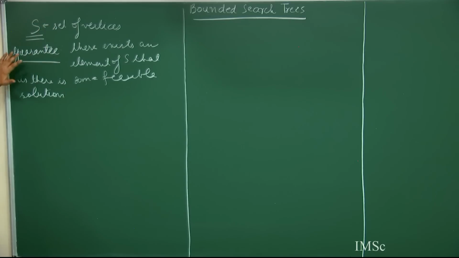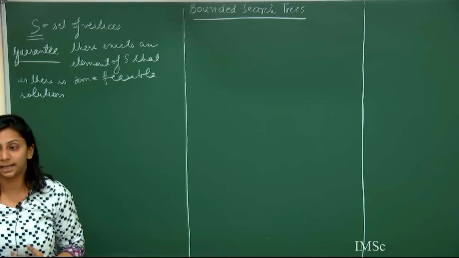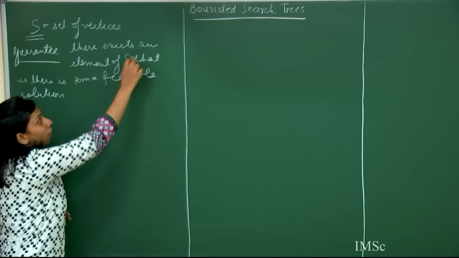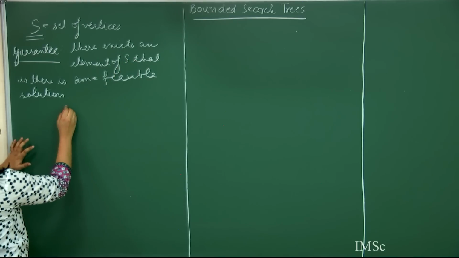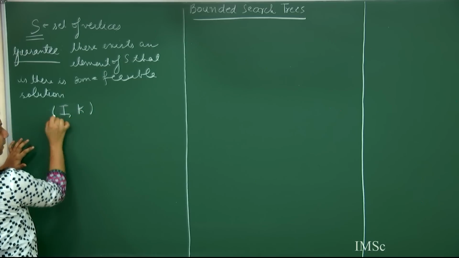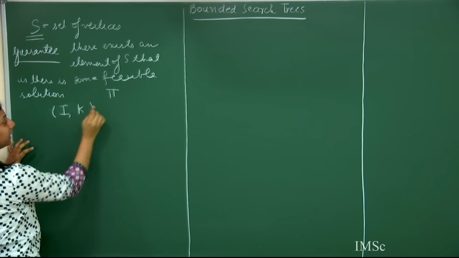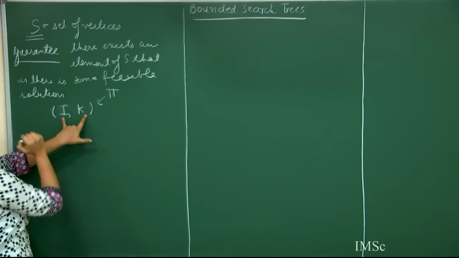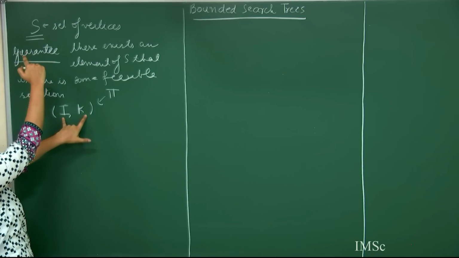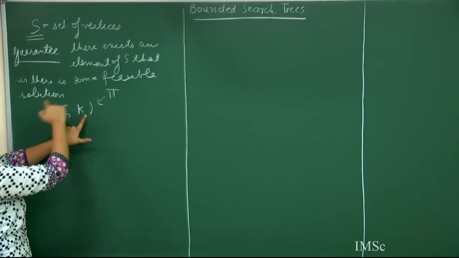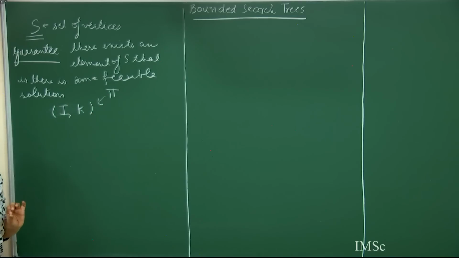Okay, once you have got this set, what is the next thing we do? Suppose, generally speaking, I have this instance that I want to solve for a given problem. There is some problem pi, and (I, k) is an instance of this problem pi. And I want to solve this instance, and suppose I'm able to find such a set S, whose property is that there is always an element in S that is there in some feasible solution to this problem pi.